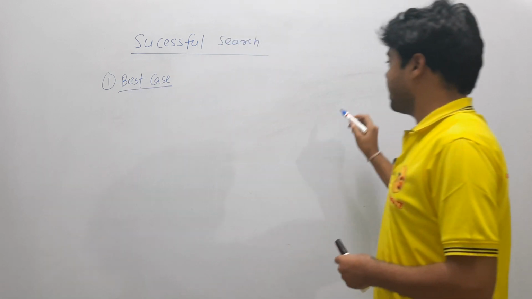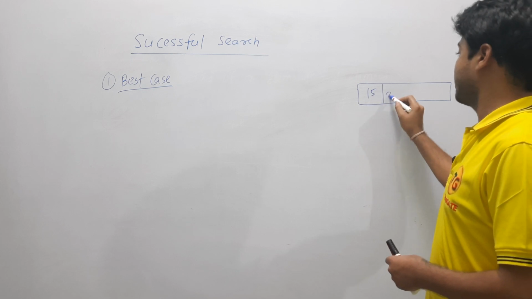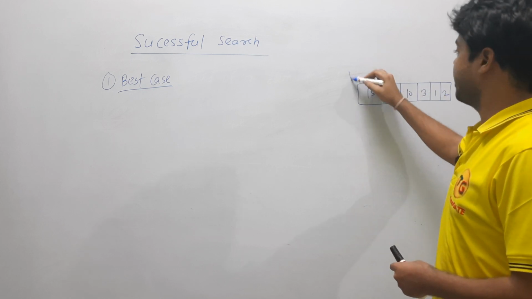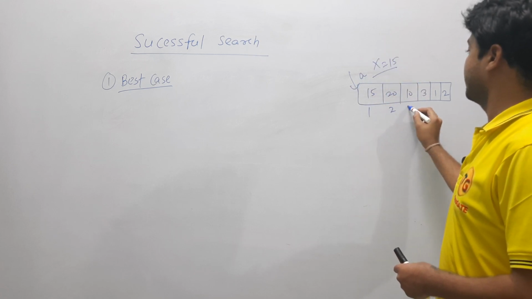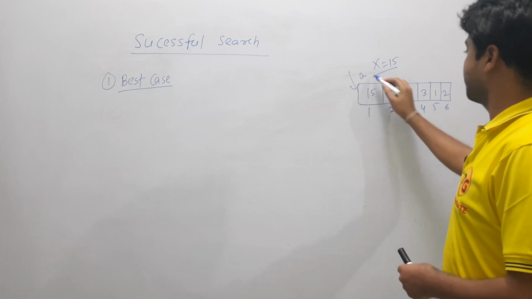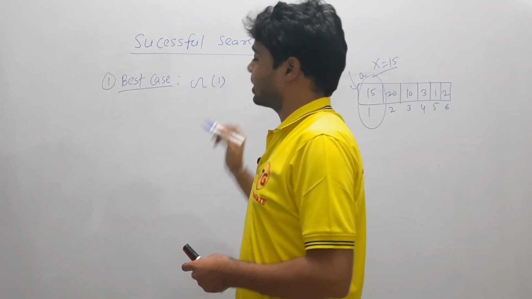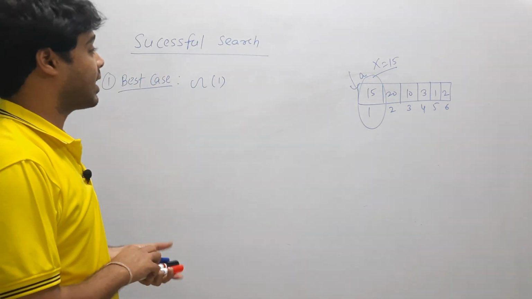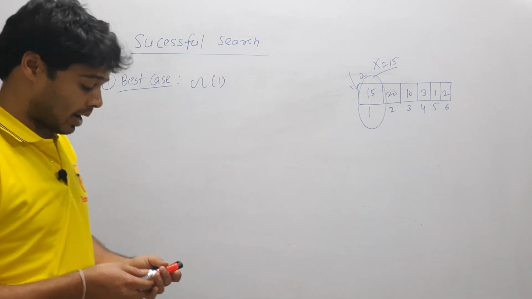If the element is found at the first position only, like 15 in 15, 20, 10, 3, 1, 2, suppose we want to search 15. It is at the first position, so constant time. So in the best case for a successful linear search, it takes constant time. The loop runs only once.